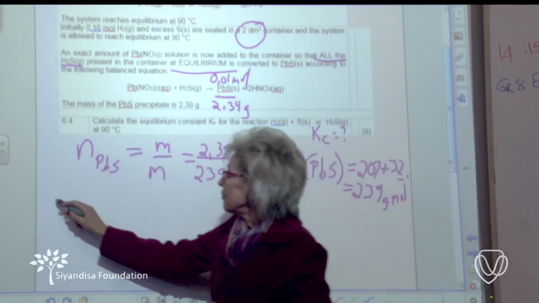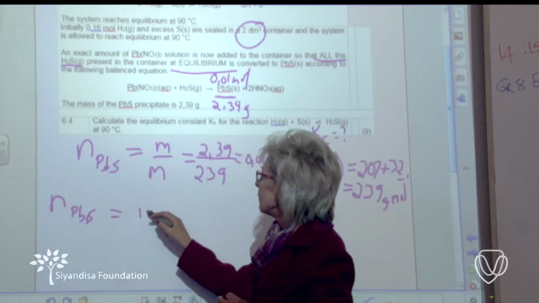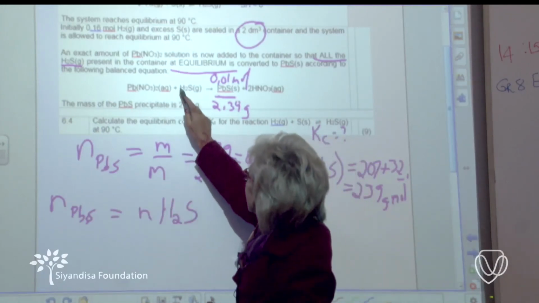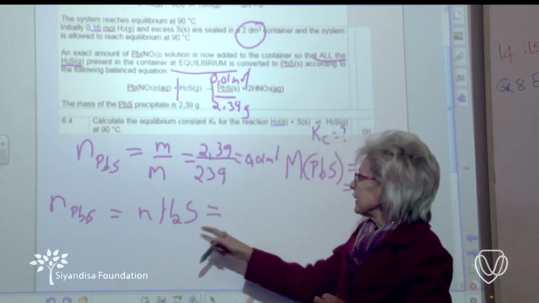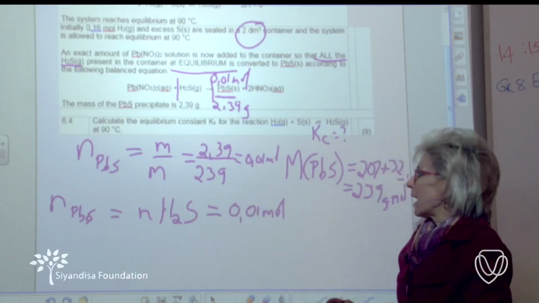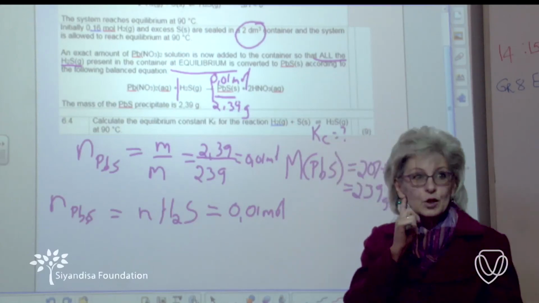And the number of mole of PbS is equal to the number of mole of H2S. Why is that? Because the ratio is 1 to 1. And that means that the H2S is also 0,01 mole. Now, what H2S is this? This is the H2S that was present at equilibrium.